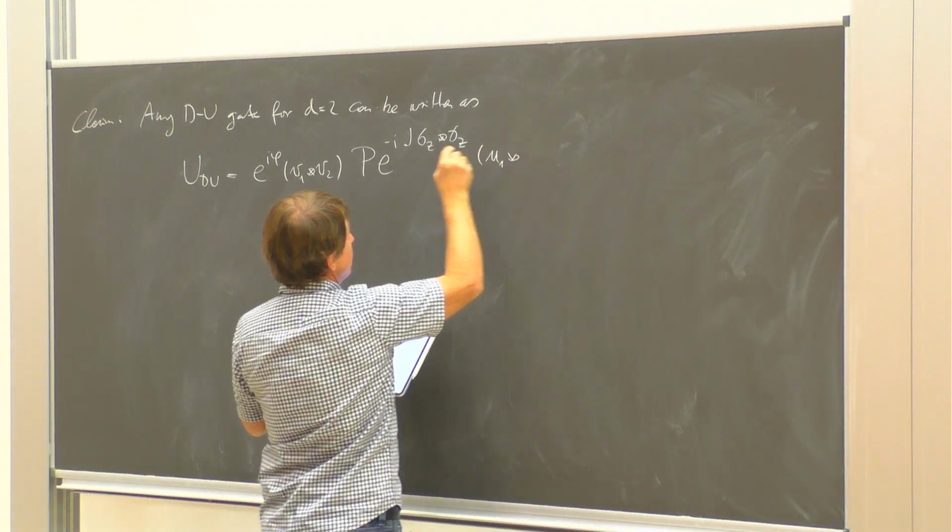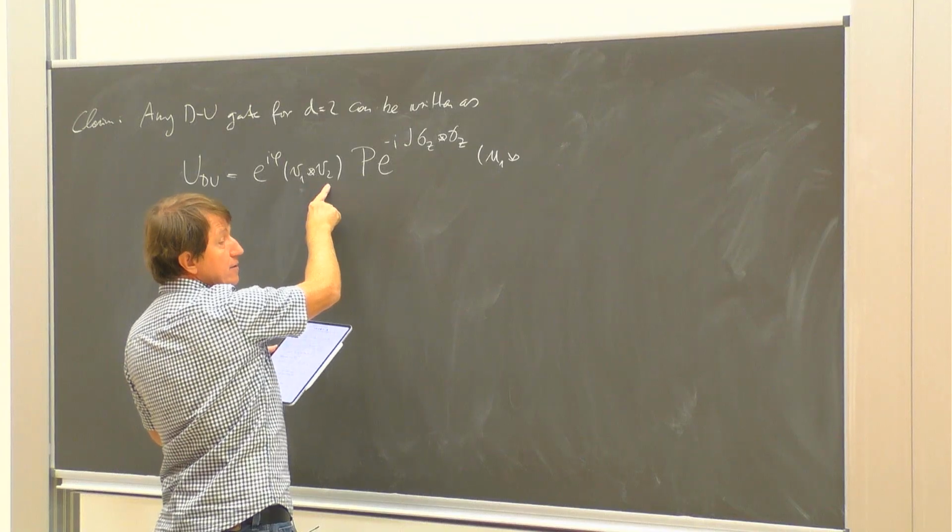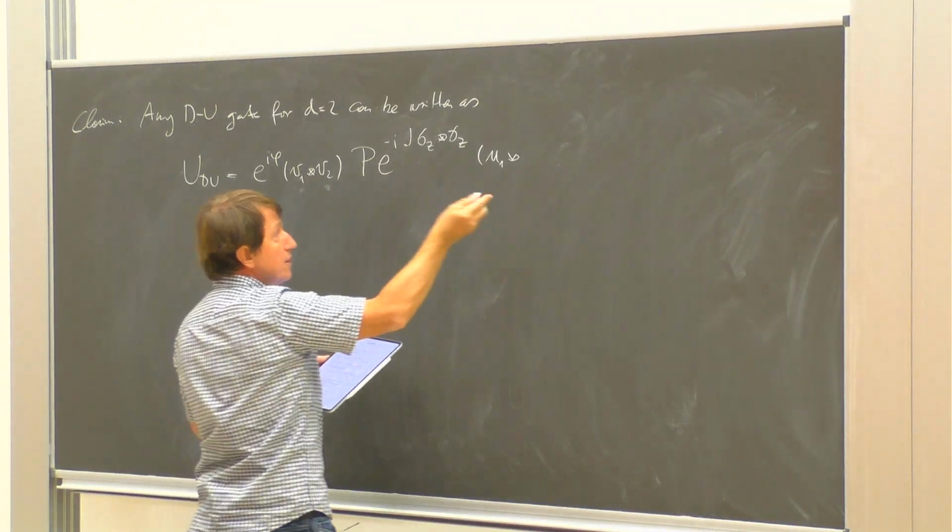I can choose whichever I want. I chose ZZ, it could be XX, it could be YY, because here I have one-site unitaries which can do a global rotation, so it doesn't matter.